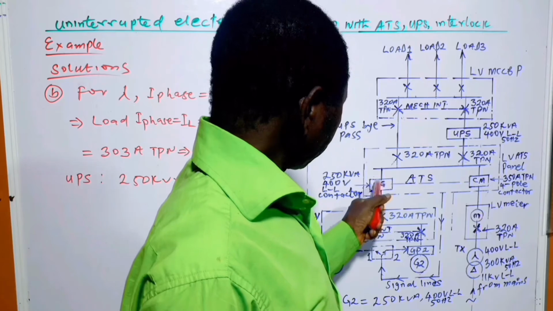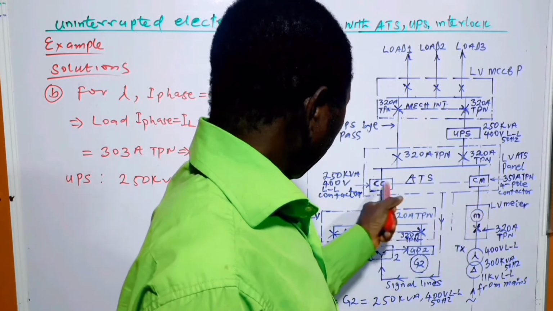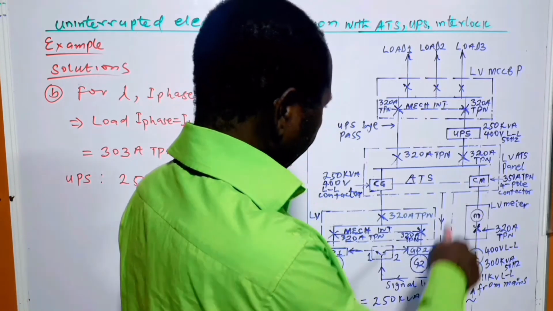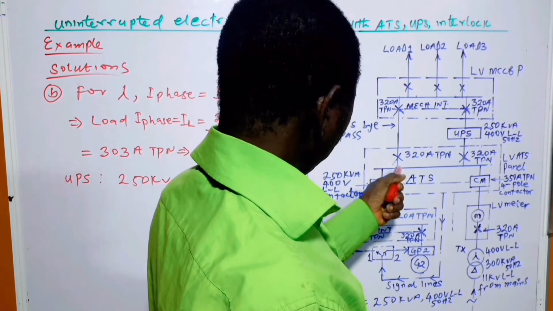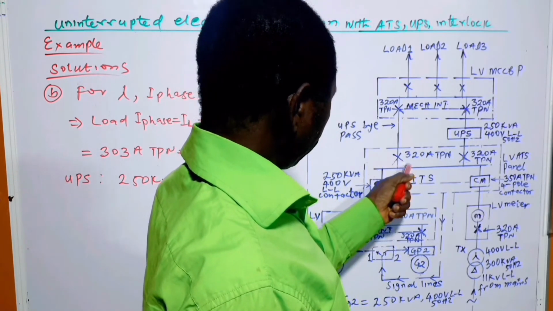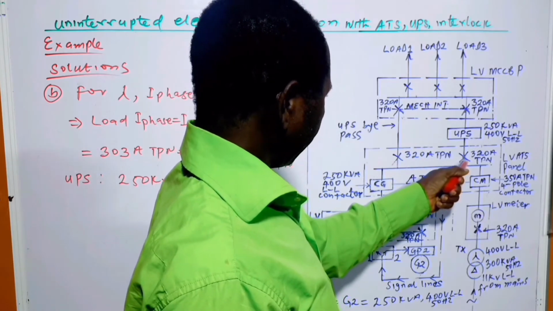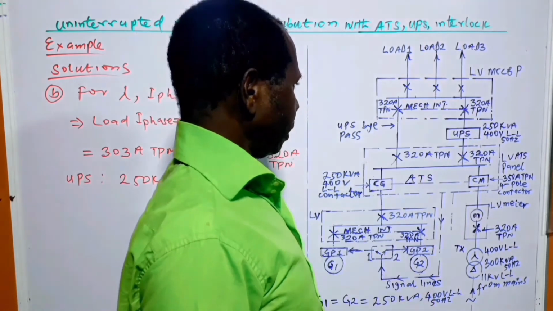So from here, let's say there is a mains failure, so the generator output continues to be here. From here, it will still come and enter the UPS, from the UPS to the load panel.